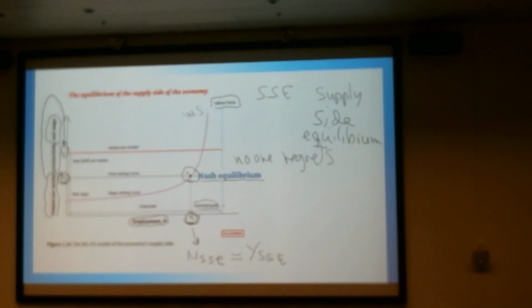And finally, if we use U for unemployment, we can look at unemployment SSE. So when the economy is in point A, then the unemployment, the employment and also GDP are at this supply side equilibrium.